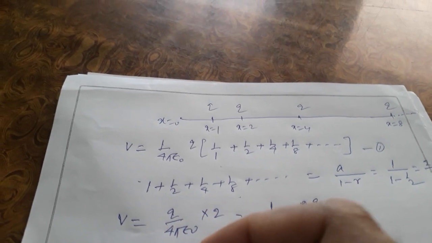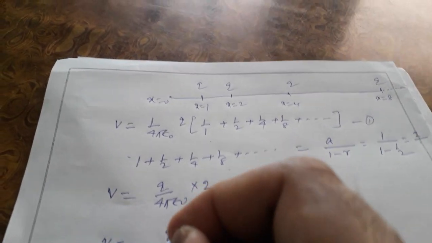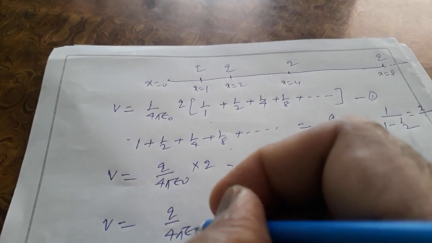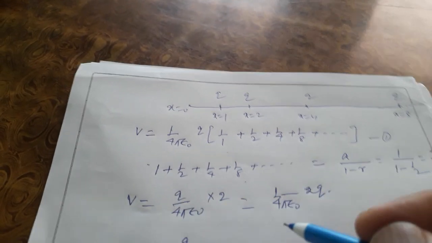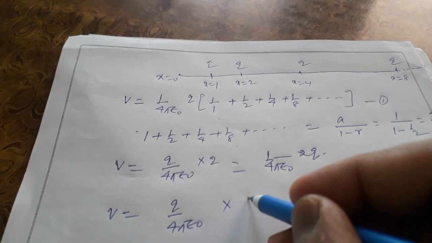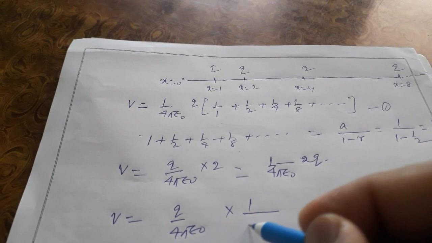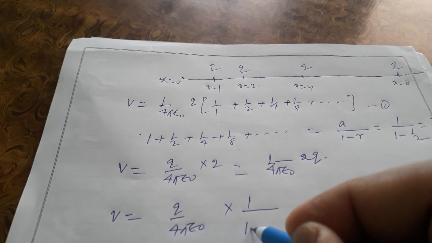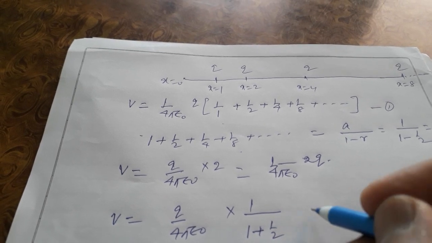So we can write V equal to q by 4 pi epsilon naught, and directly we can put the value of the infinite series, that is 1 by 1 plus 1 by 2.